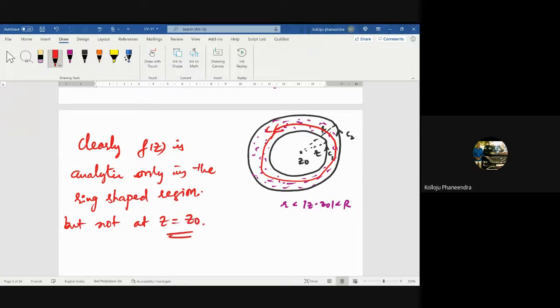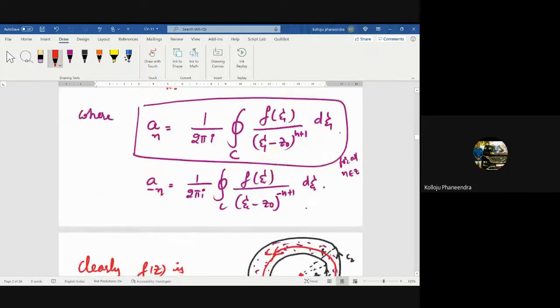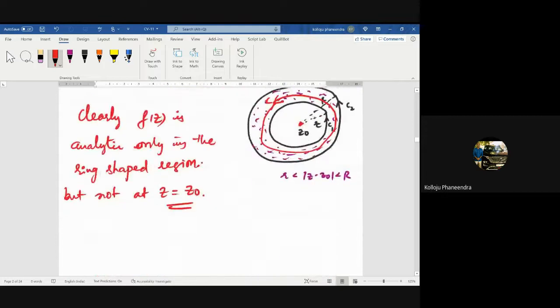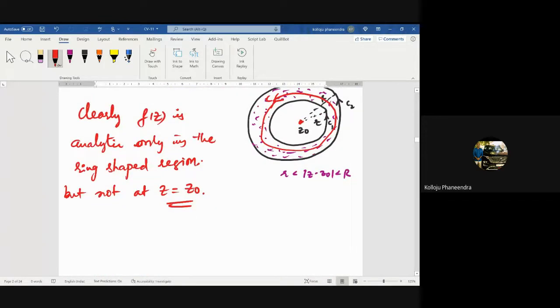Remember this point. At z equal to z naught, this point does not belong to the ring shaped region. If I take z naught, a_minus_n will not be defined. So f of z is not analytic at z equal to z naught.